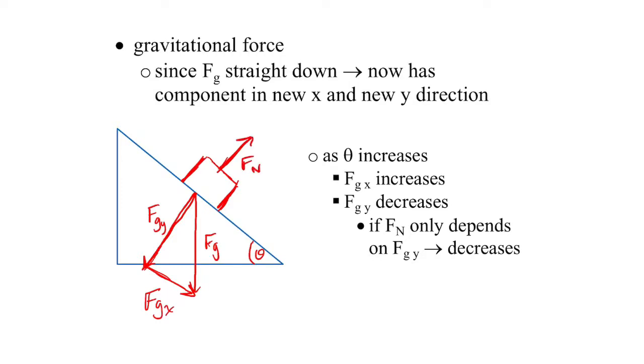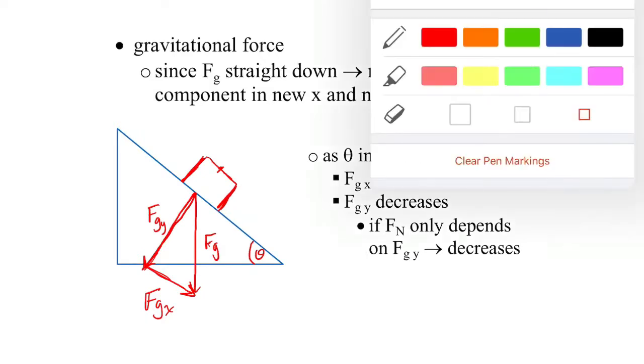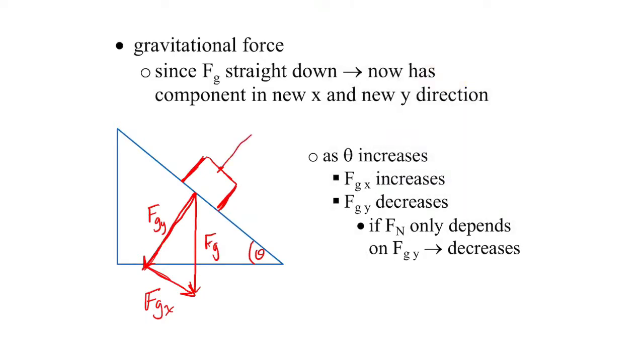So that is going to change as our force of gravity changes. It's not really the correct distance here, so I'm going to redo that. The correct length should be about equal to FGY. So there's FN. So that's going to vary with FGY as well. So really important that we note that.